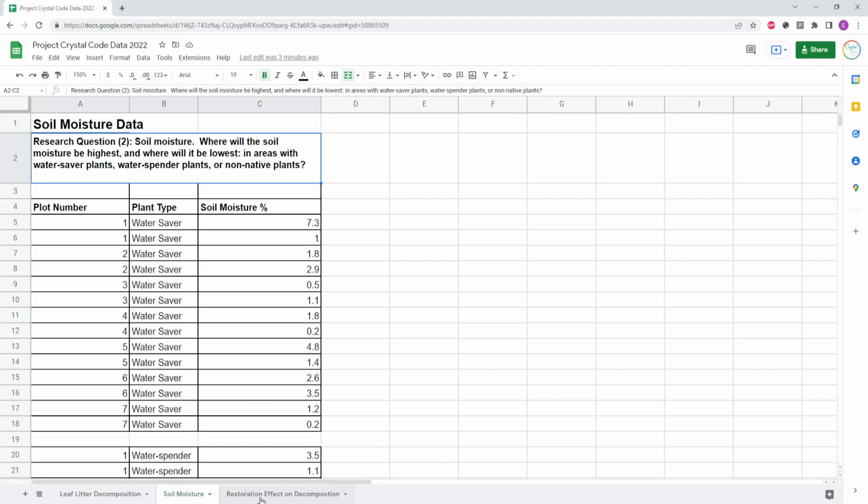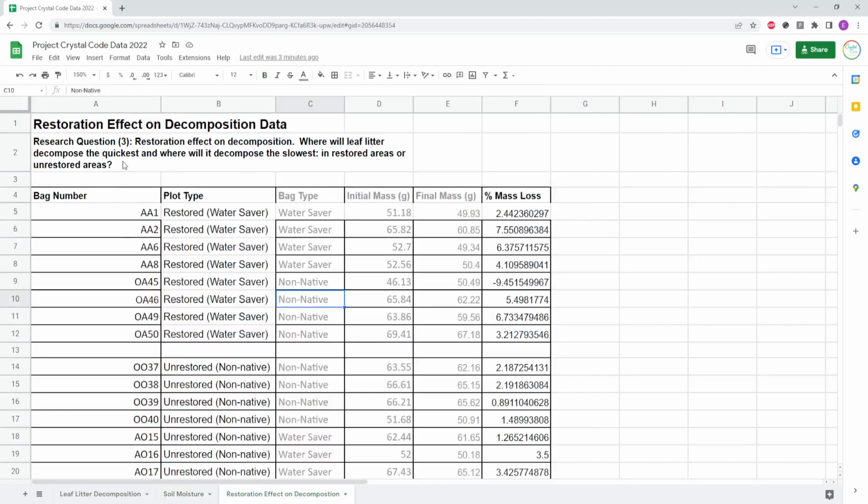And then we also have our last research question, which is research question 3, effects on decomposition data. So here we're looking at where leaf litter will decompose the quickest and where it will decompose the slowest in areas that are restored or unrestored areas.